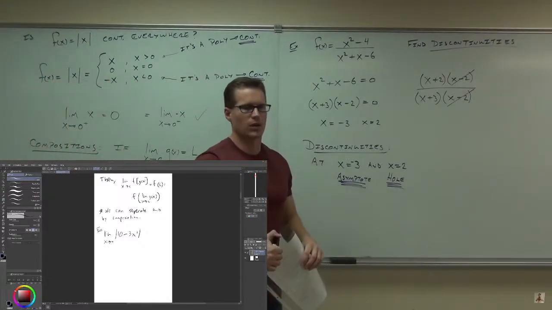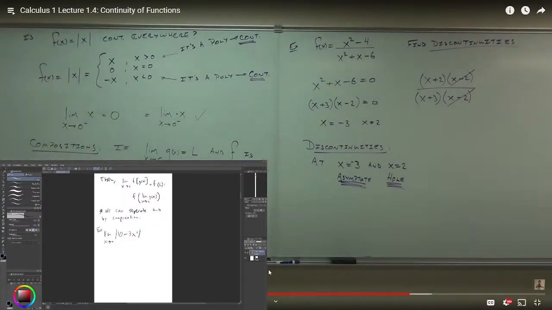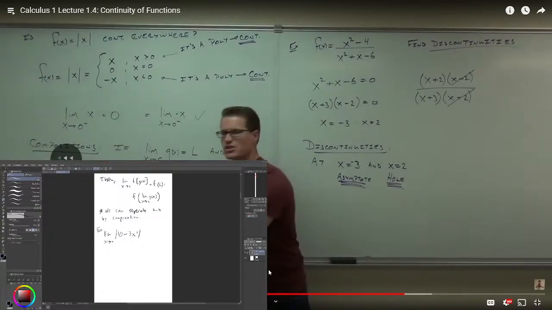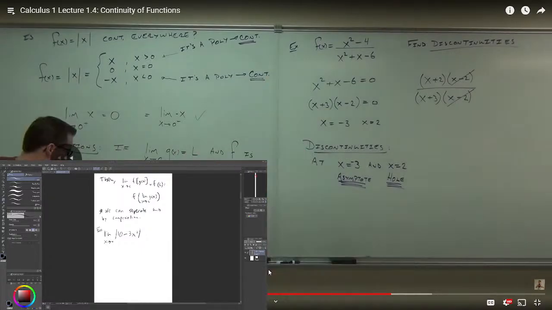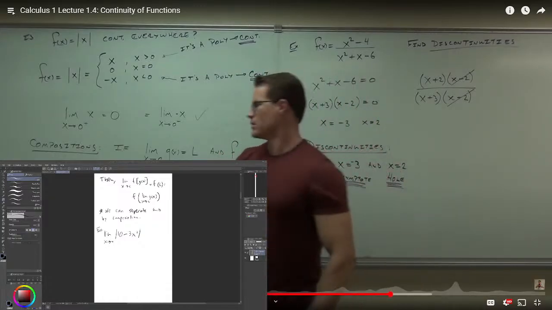Let me give you a quick example of how we can use it. Compose g onto f, or f of g in other words.